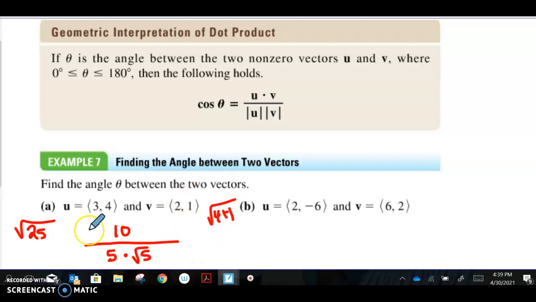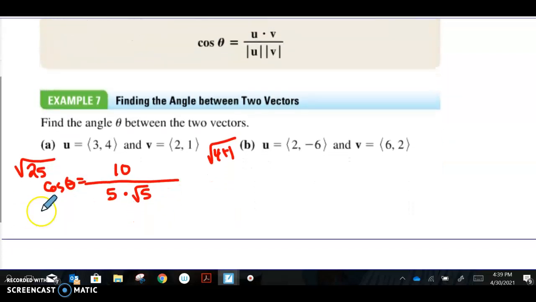Okay, so that's what the cosine of theta equals. If I take the inverse cosine of this, I end up getting about 26.6 degrees. Now I know the angle between those two. Okay, try this one and see if you get 90 degrees.